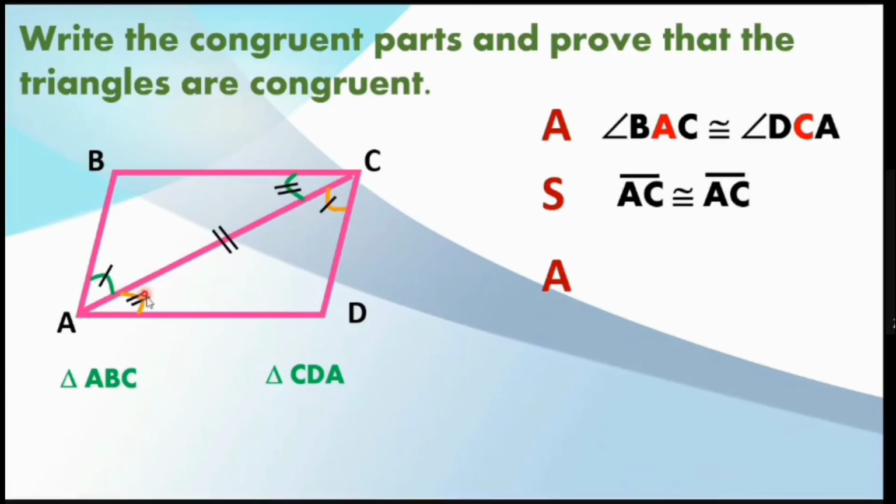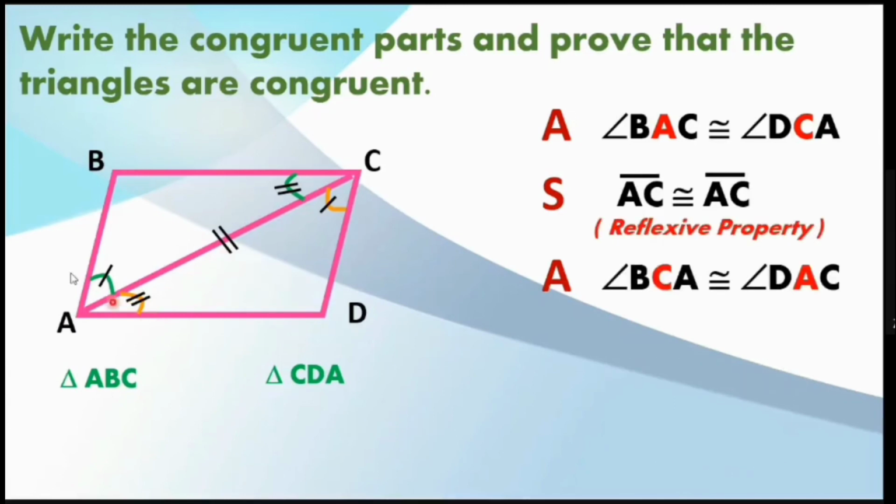How about on the second angle? This angle here and this angle here. So we have the first angle to be angle BCA. Ito po yun. And we have angle DAC. Ito rin po yun. Therefore, we can say that angle BCA is congruent to angle DAC.